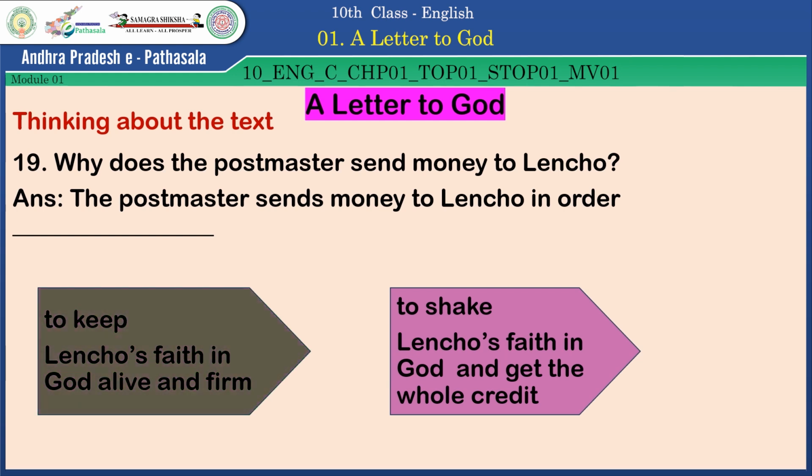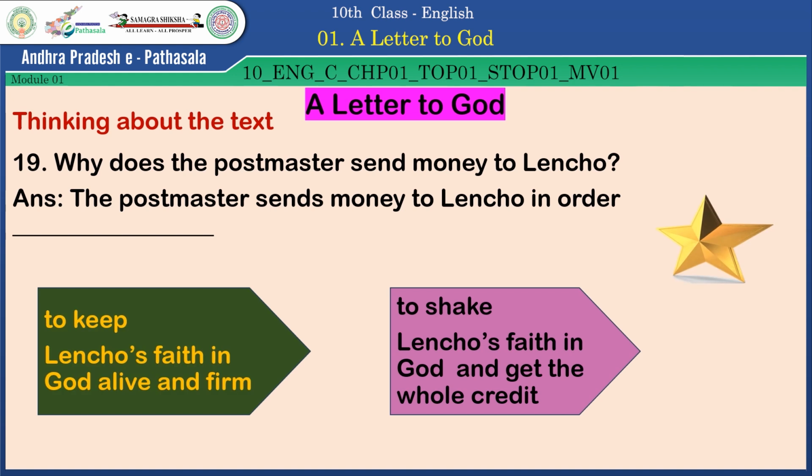Yes, to keep Lencho's faith in God alive and firm. So, why does the postmaster send money to Lencho? The postmaster sends money to Lencho in order to keep Lencho's faith in God alive and firm. You are a star. Now, we will be discussing thinking about the language.